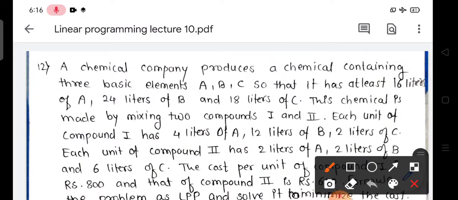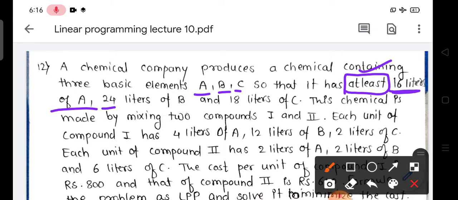Here the availability of elements A, B and C is given. How much is it? 16 liters of A. Here 16 is the requirement of element A, and you can take any maximum, it is fine. What it mentions here is at least 16. At least means minimum this much is the requirement, the maximum choice will be yours.